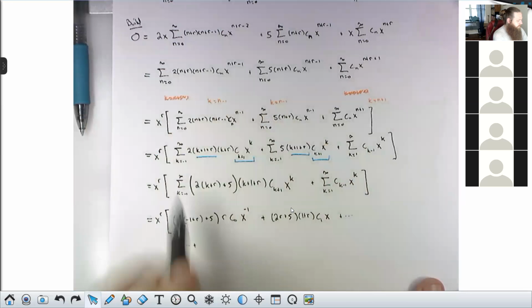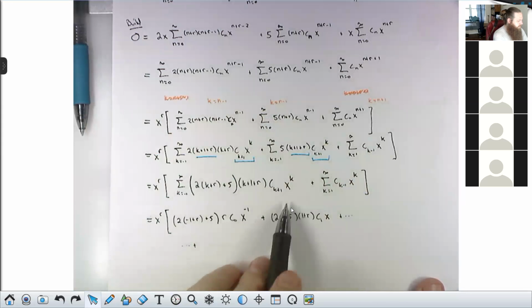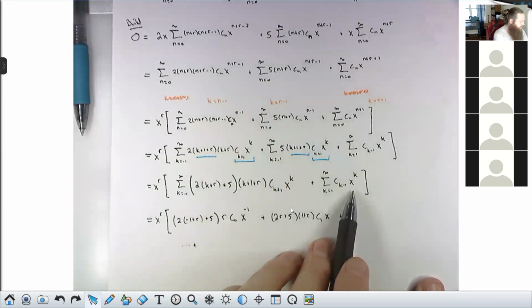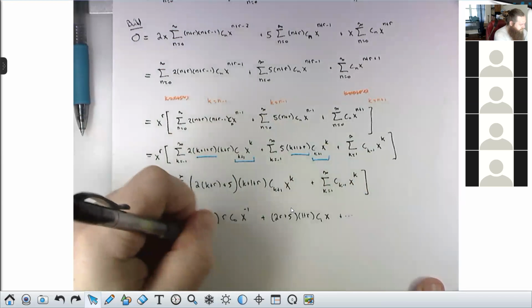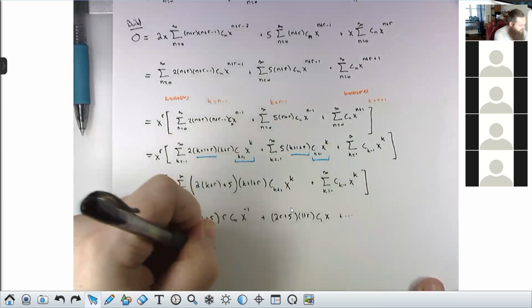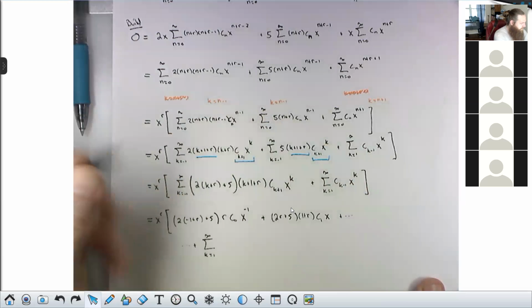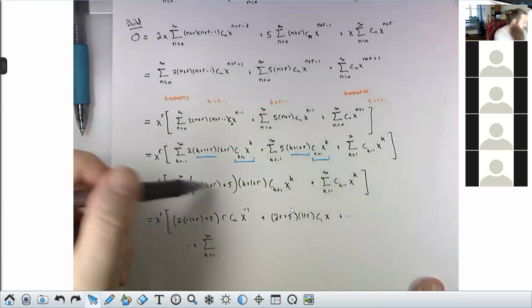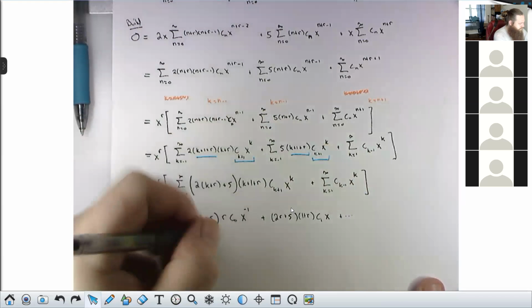plus this series, but now starting at 1, which I can combine with this series. So that is sigma k from 1 to infinity. I might as well go ahead and distribute that 2, right?